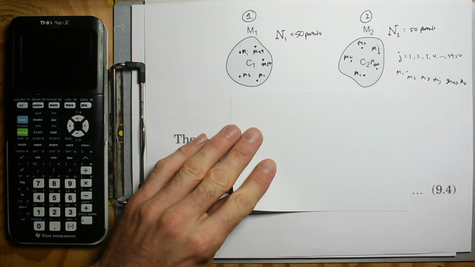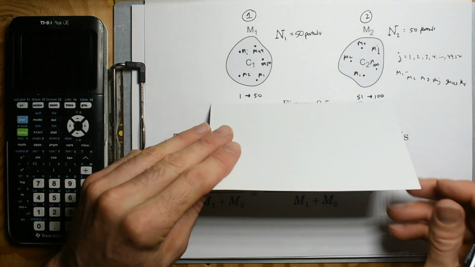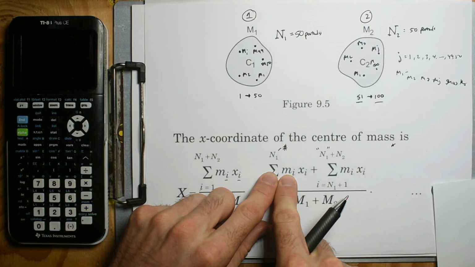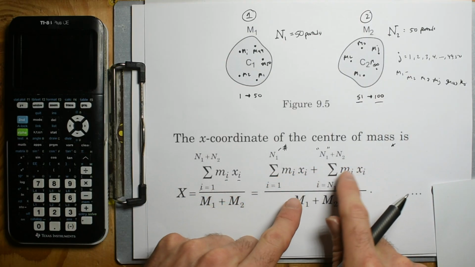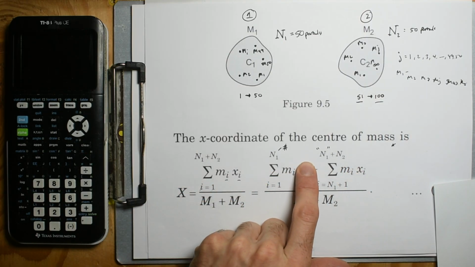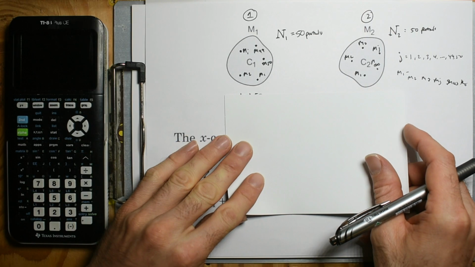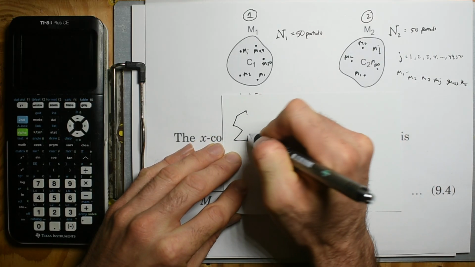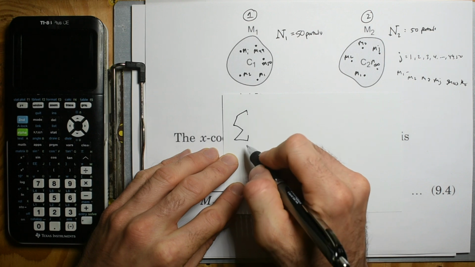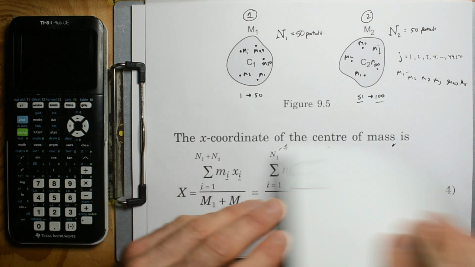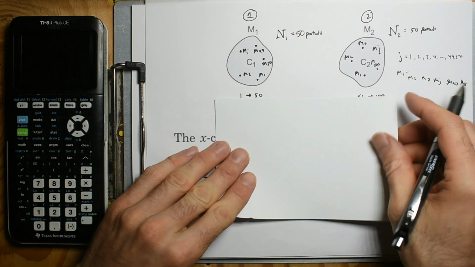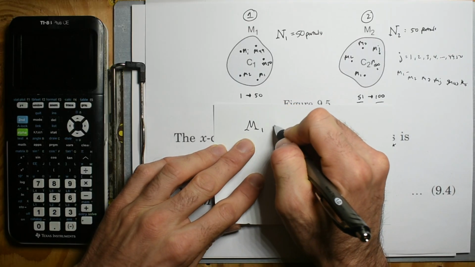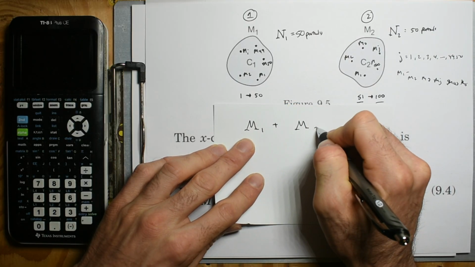But again, let's see if we could do it the same way. If all we're doing, and then they're taking the mass and multiplying it by its distance and then summing it. But let's just say they're summing the mass. So the way that they did it, so let's at least do it the way that they did it. So we have, and what we want is basically we want the total mass 1 plus the total mass 2.